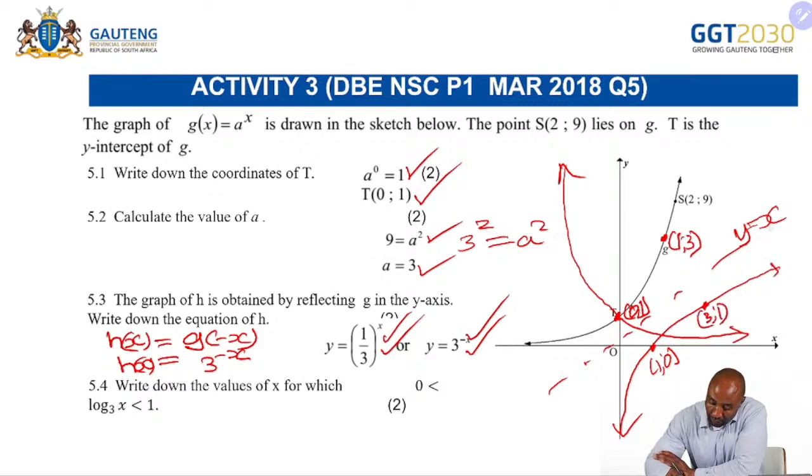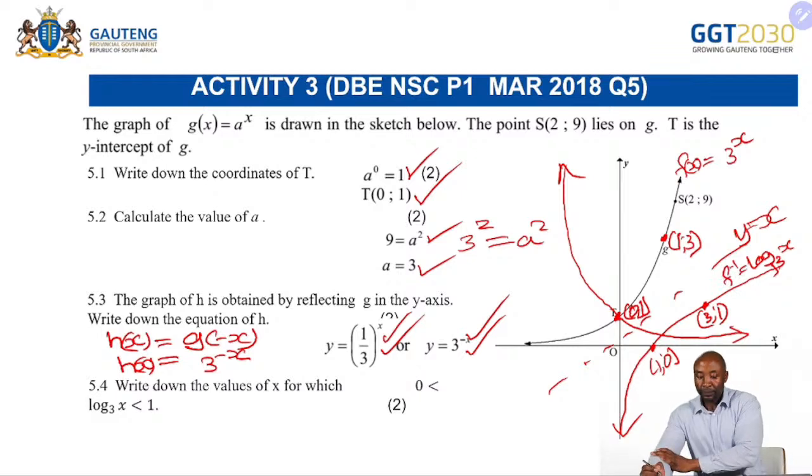And the inverse of an exponential function, our f of x is equal to 3 to the power x. The inverse will be the logarithm to base 3 of x. That's our f inverse.